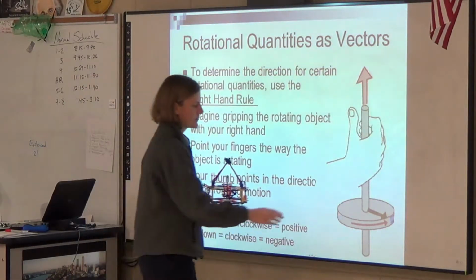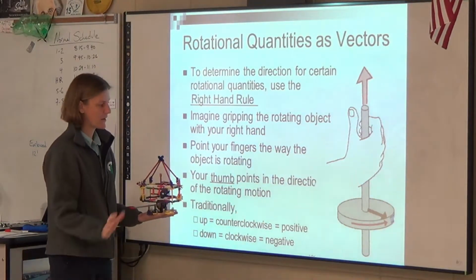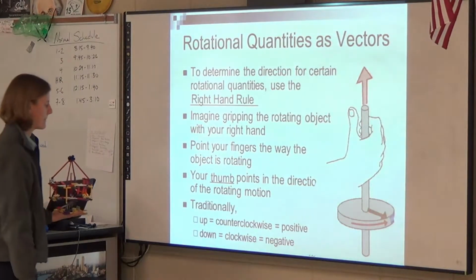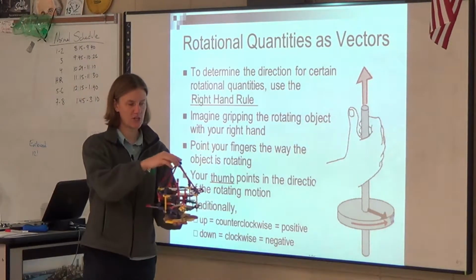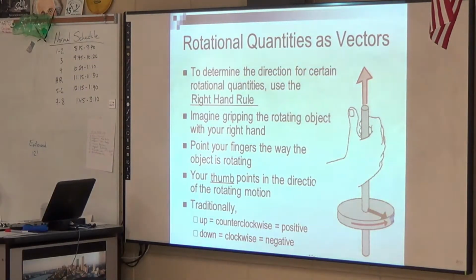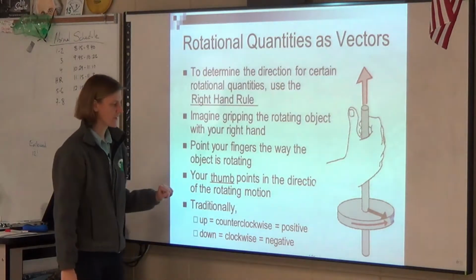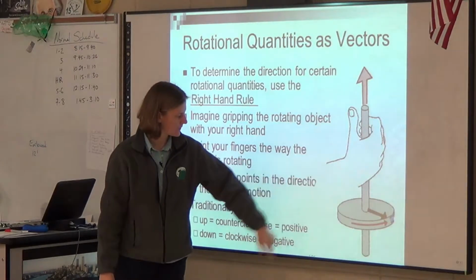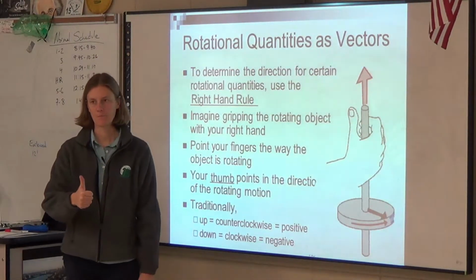Same with this object right here. If it's spinning counterclockwise, then that will be up. Now, of course, we could have things at different orientations. But it is a lovely system for explaining the direction of things that are moving in a circle. Your thumb points in the direction of the vector.